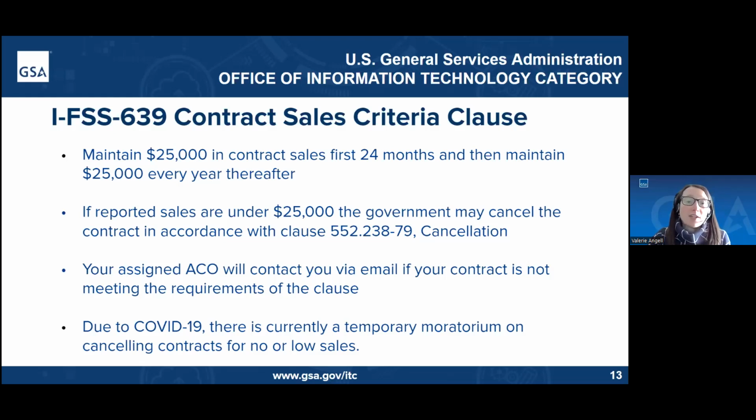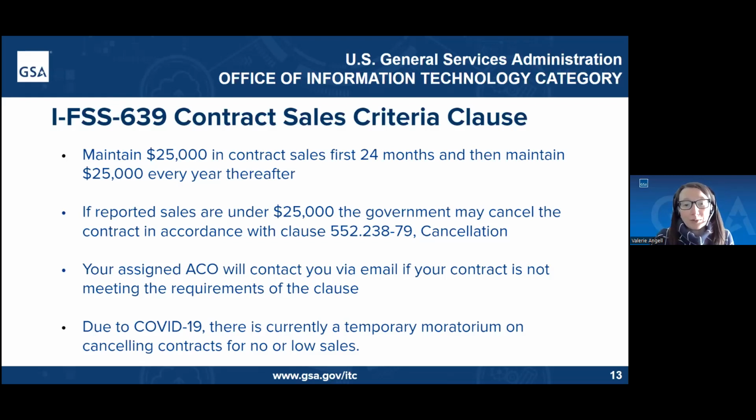So if the contract is not meeting the minimum sales required, then typically your ACO will contact you to discuss this via email. I also will note, this is very important, that due to COVID-19, there is currently a temporary moratorium on canceling contracts for no or low sales. And I believe this is extended until September 30th, 2023.